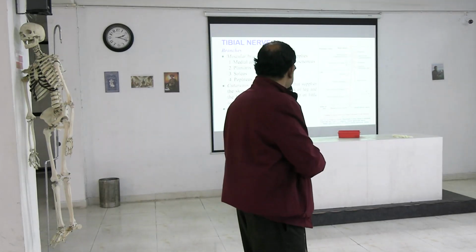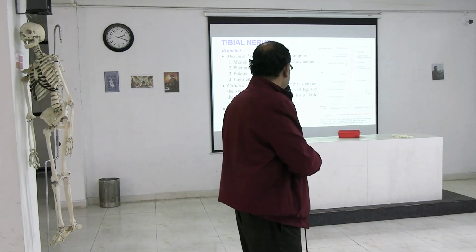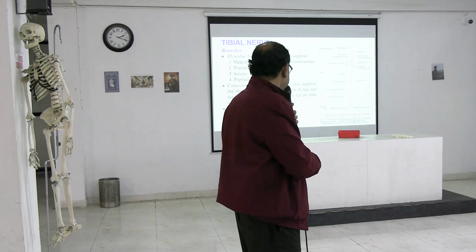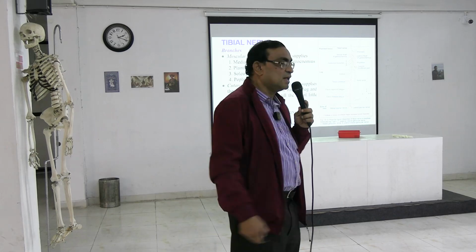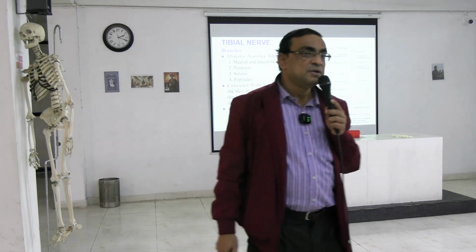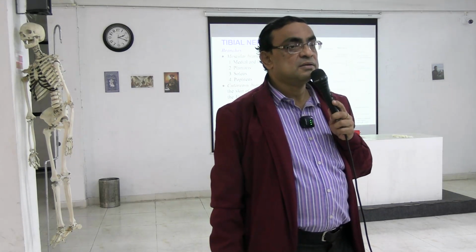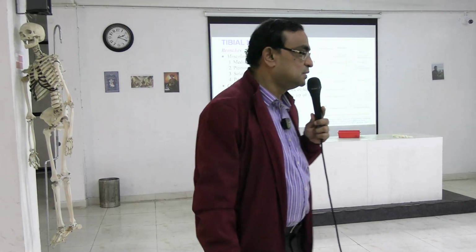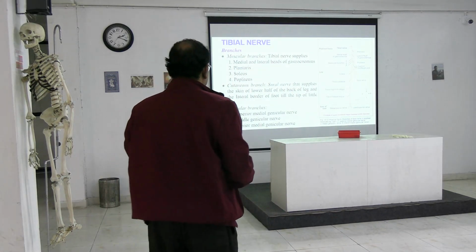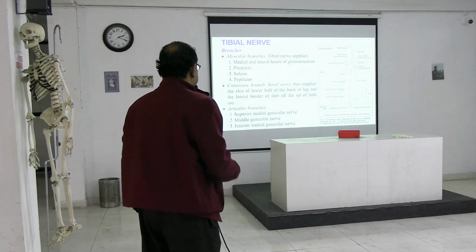It will give branches to the soleus, tibialis posterior, flexor digitorum longus, flexor hallucis longus, and ultimately it divides into medial and lateral plantar nerve, which appears in the sole of the foot. Okay, we can see in the sole of the foot, and other the genicular branches.